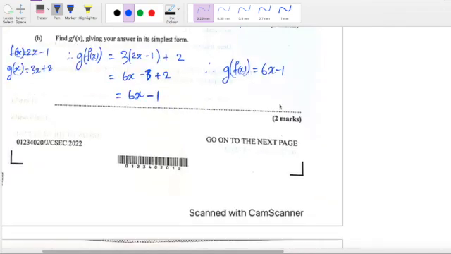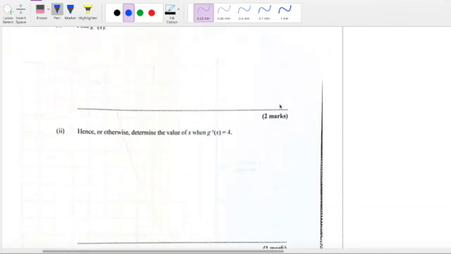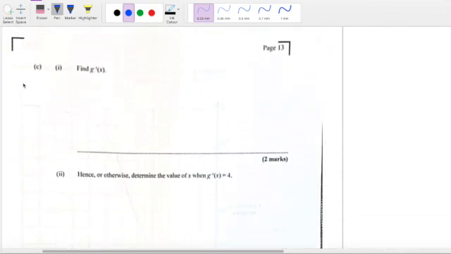G inverse of x. So let's see what g of x is. 3x plus 2. We will let y equal 3x plus 2. Make x the subject of the formula. So 3x plus 2 is y.